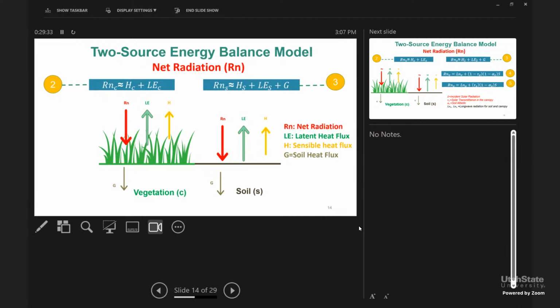So we have a portion that is contained in crop, a portion that is contained in soil, latent contained in crop, latent contained in soil. And also there is part of the radiation that is being absorbed and reflected.